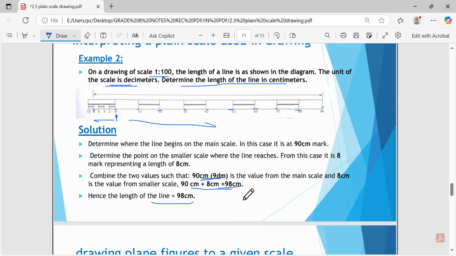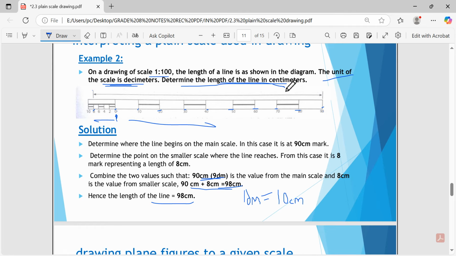So let me write: 1 decimeter is equal to 10 centimeters.